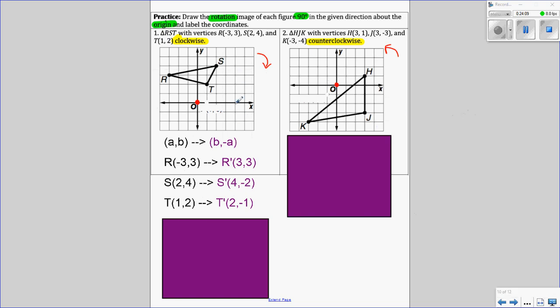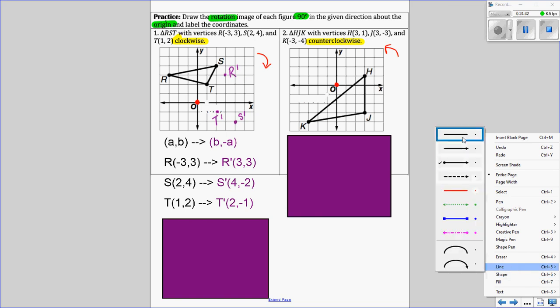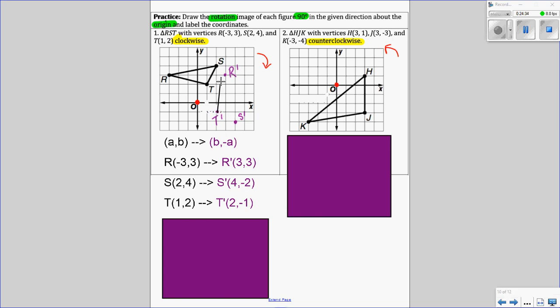So my R prime is (3, 3). My S is (4, -2), S prime. And my T is (2, -1), T prime. And then I put my line.